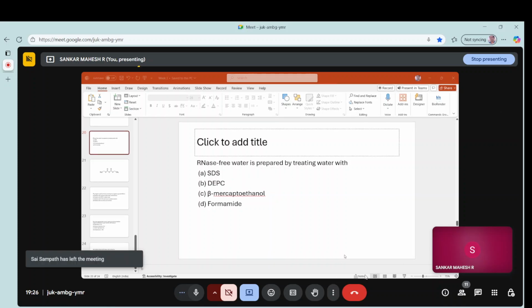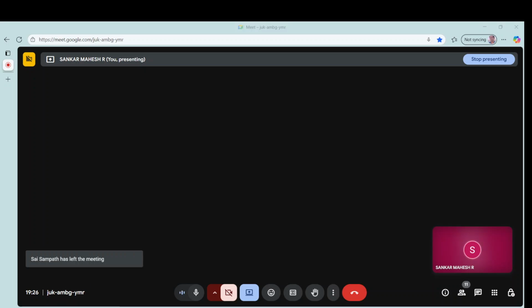Hmm. Okay, so I'll first mention why we need to prepare RNase free water and when we need to prepare it. Whenever you're trying to purify RNA from cells, you need to do this.